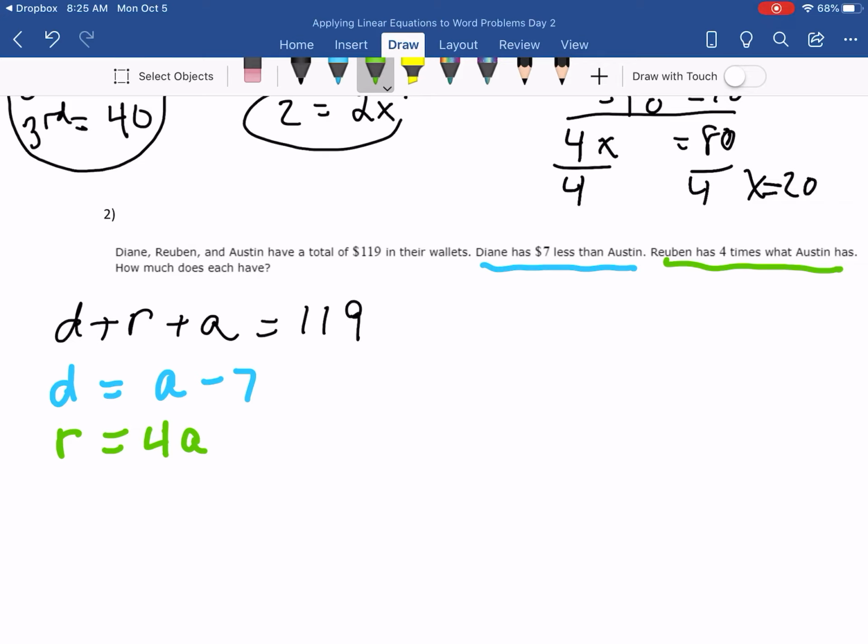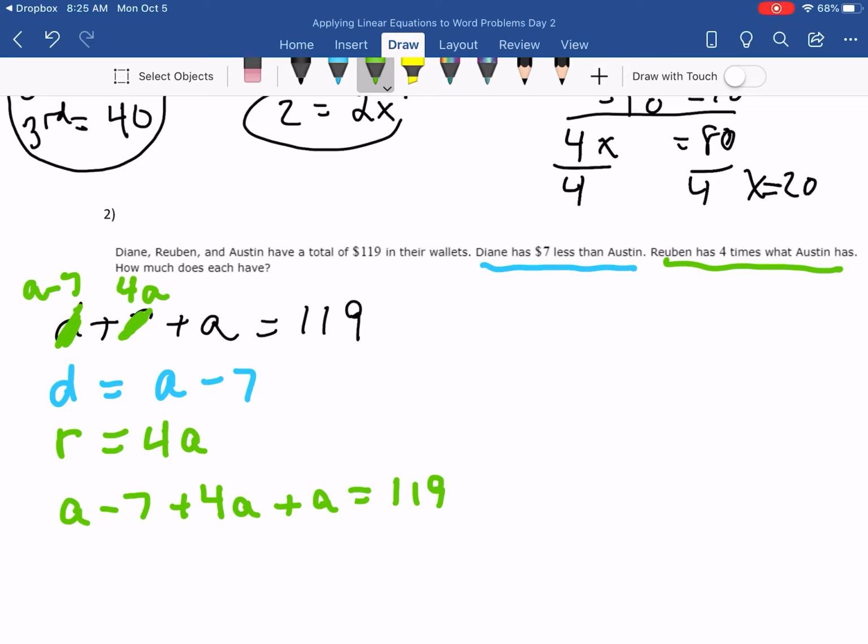Okay, so let's substitute. Instead of R, I'm going to put in 4A. Instead of D, I'm going to put in A minus 7. So we have A minus 7 plus 4A plus A equals 119.